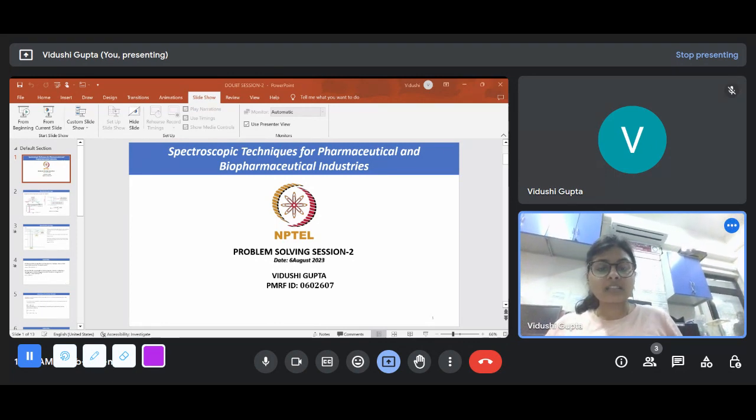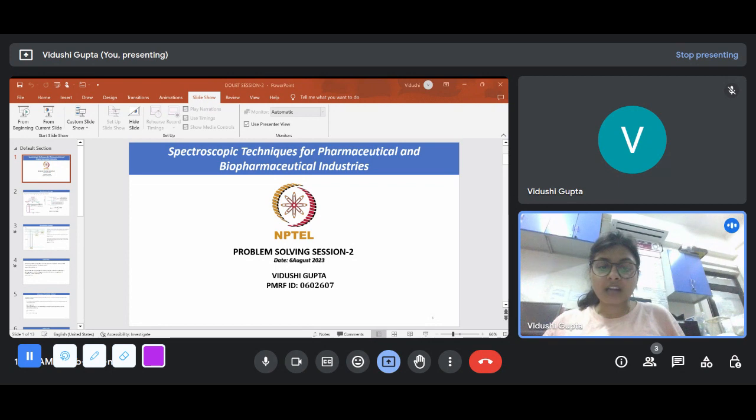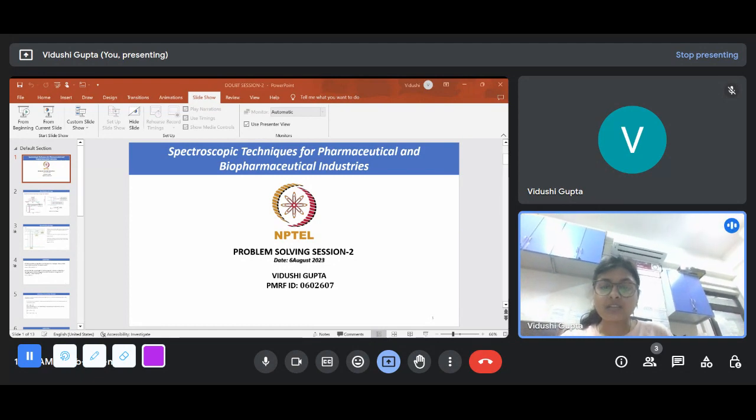Now the third series is the Paschen series. In the Paschen series, the transition is from the higher orbit to the third orbit, and this series is obtained in the IR region, that is, the infrared region. The next series is the Brackett series, in which the transition is from the higher orbit to the fourth orbit, and it is also obtained in the far IR region.